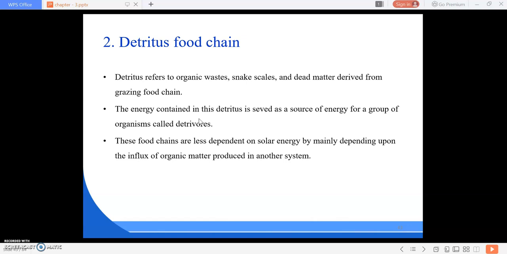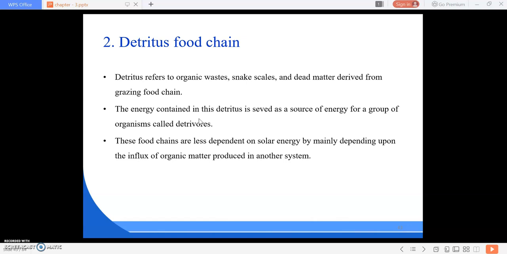These food chains are less dependent on solar energy but chiefly depend on the influx of organic matter produced in another system. Such food chains operate in the decomposing accumulated litter in a temperate forest.